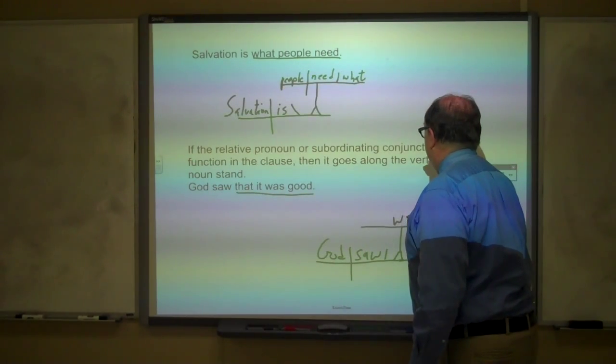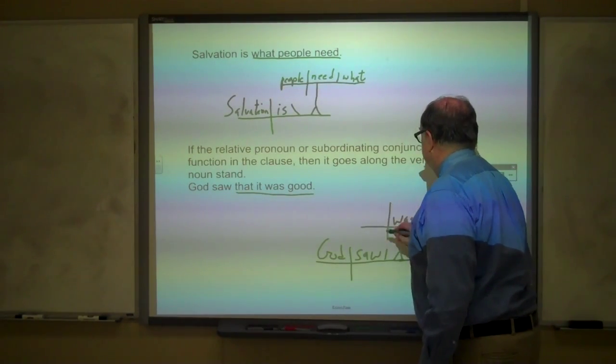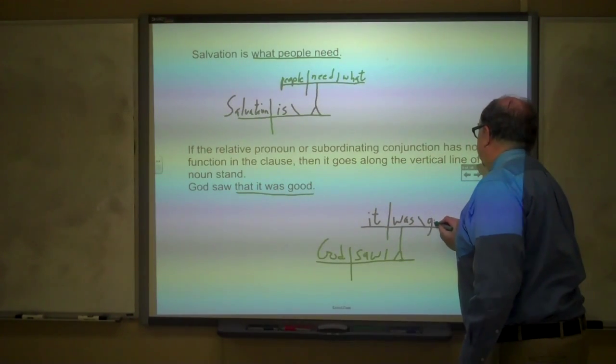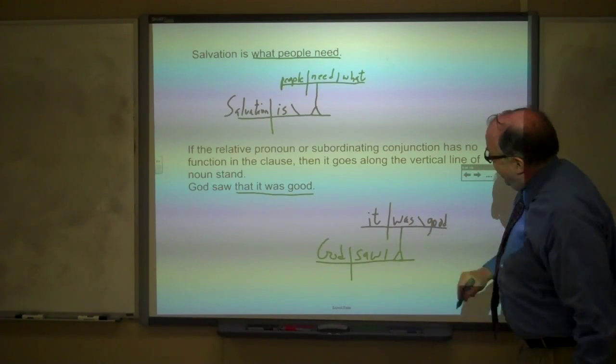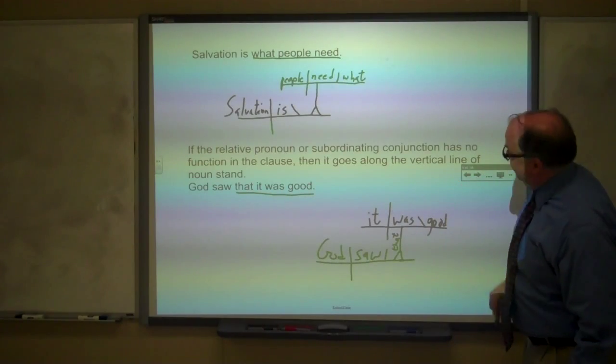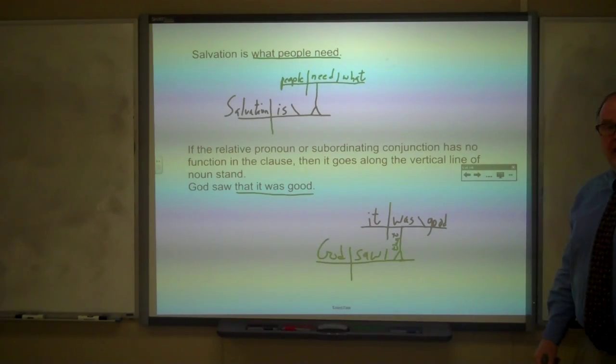Okay, put the verb over the noun stand. It is the subject. Good is the predicate adjective. And then that goes on the vertical portion of the noun stand.